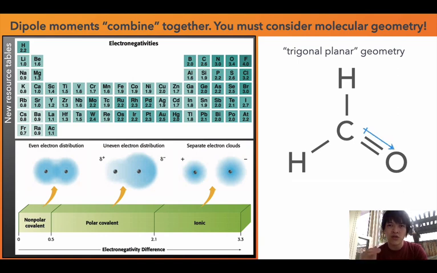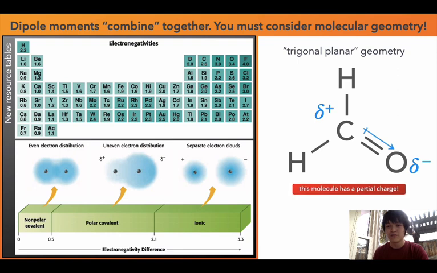Since there's nothing canceling out here and there's only one dipole moment arrow, there is a separation of charge here, with a partial negative charge on the oxygen end and a partial positive charge on the carbon side. That means that this molecule is a partially charged molecule.